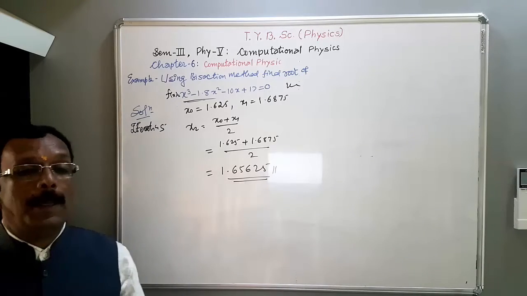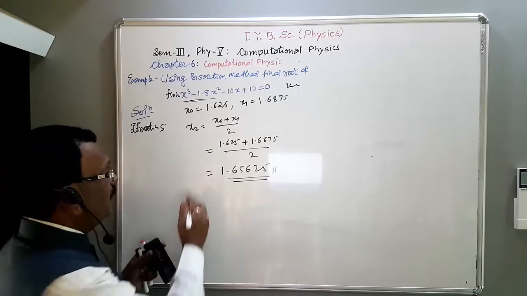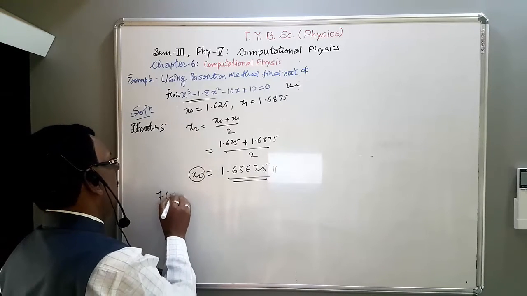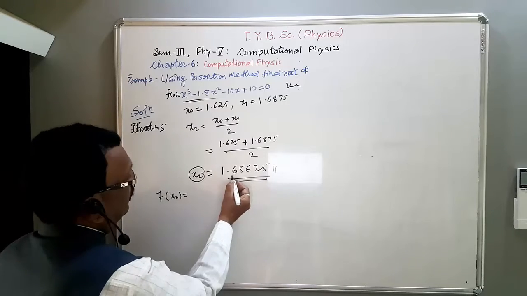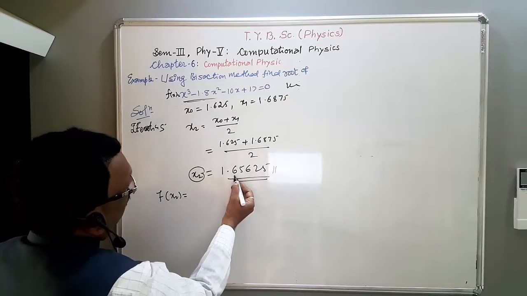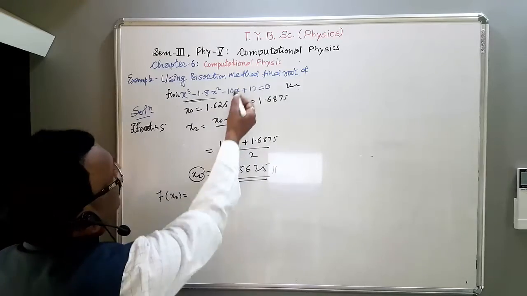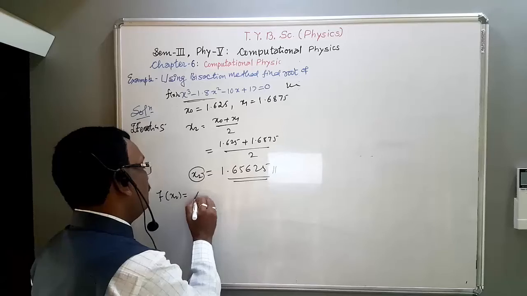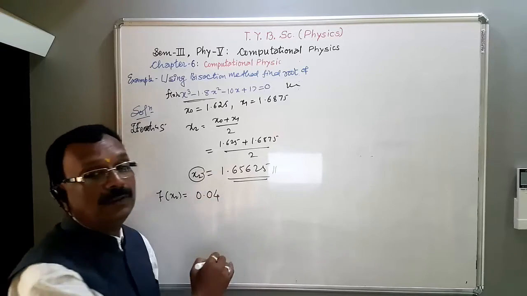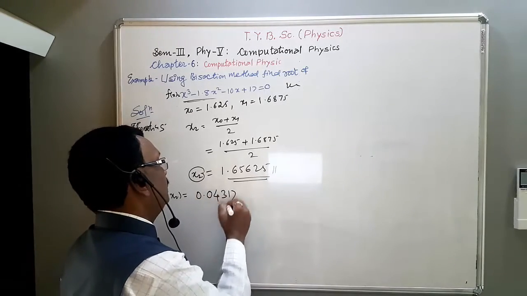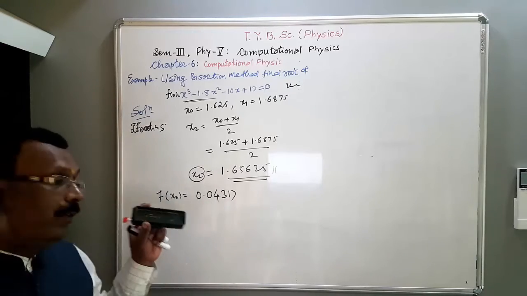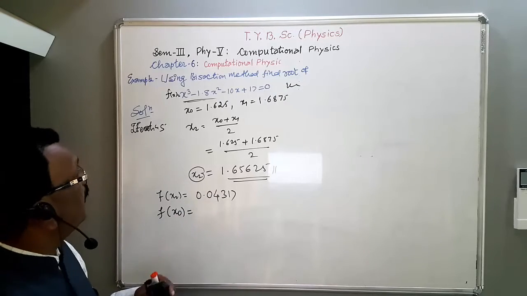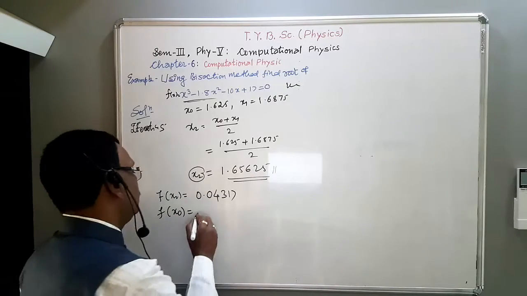Now from this, when you substitute this to x2, we will get f of x2 equal to, substituting the value x equal to 1.65625 in the given function and solving it, 0.04317. We already have the value of f of x0, and that value is nothing but 1.